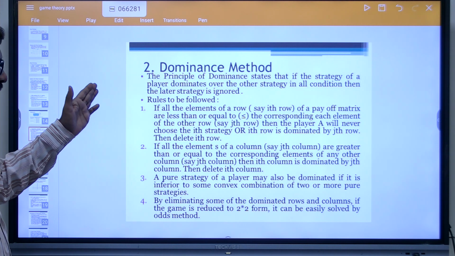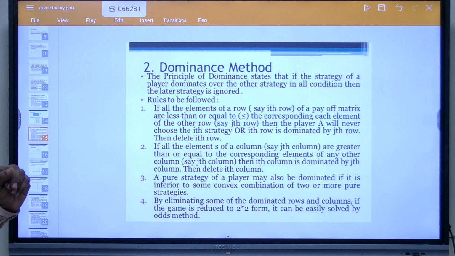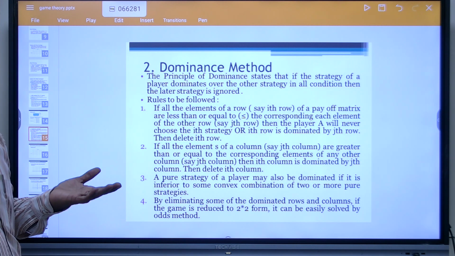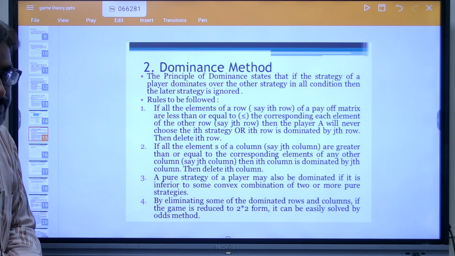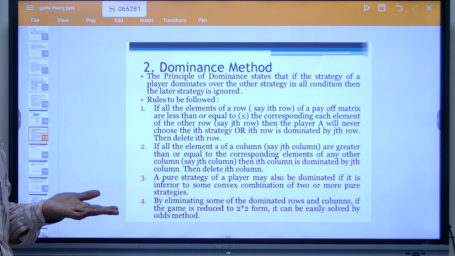The principle of dominance states that if the strategy of a player dominates over the other strategy in all conditions, then the latter strategy is ignored. Suppose one of the rows is dominating another row in each and every aspect, we need not go with the other row.